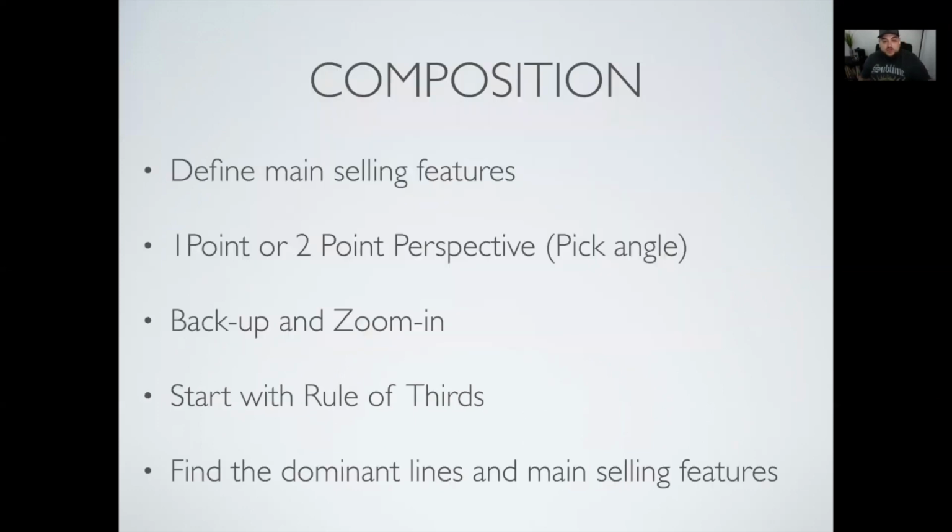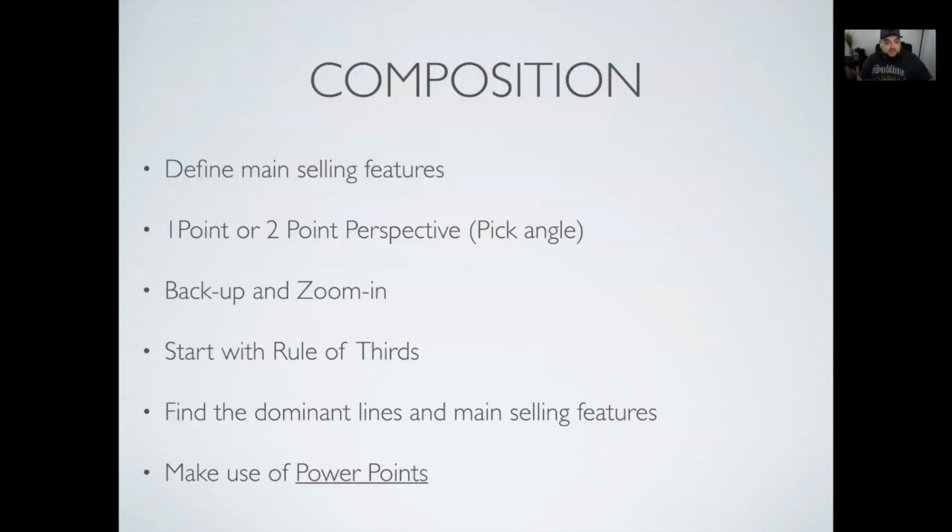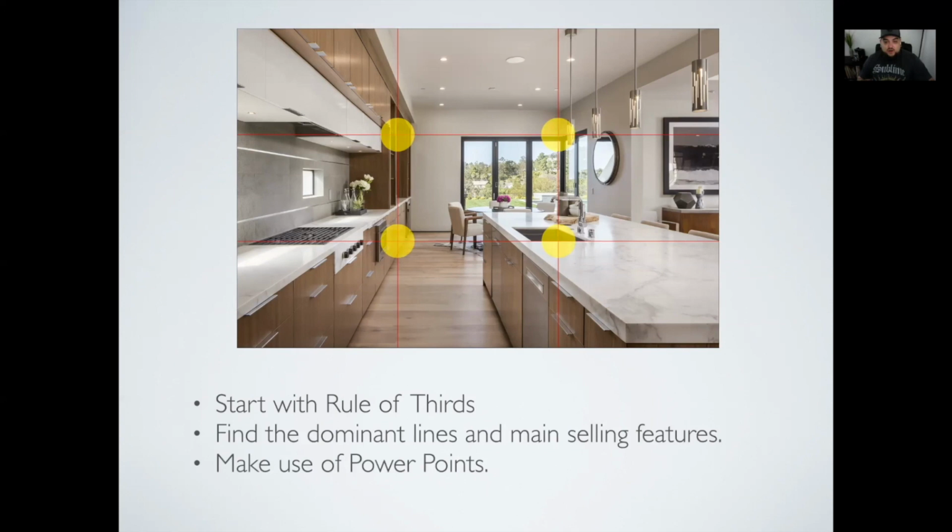So try to find the dominant lines and selling features. So the kitchen, the stove, the pocket doors over here, and whatever else. You can see there's dominant lines happening, and there's selling features that are happening on the lines. And the next thing is those intersections, the power points. Try to place things on here if you can.